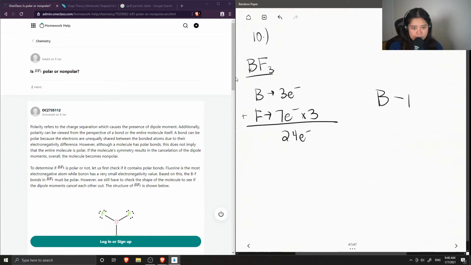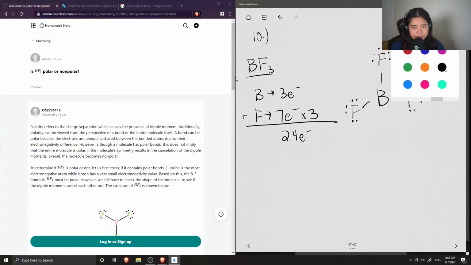And we can quickly draw out its Lewis structure. Boron is one of the elements that is an exception to the octet rule, and it's perfectly fine just having 6 bonded electrons. And if we count it all out, we have 24, so everything's good.